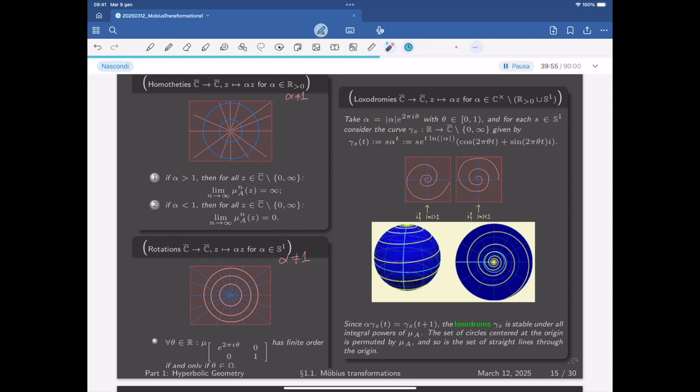What we are going to do is, for each member of the circle, define a certain curve. It's a family of curves parametrized by the circle, and each curve is simply gamma s of t, taking alpha to the t and simply multiplying it by s. So it's quite easy.